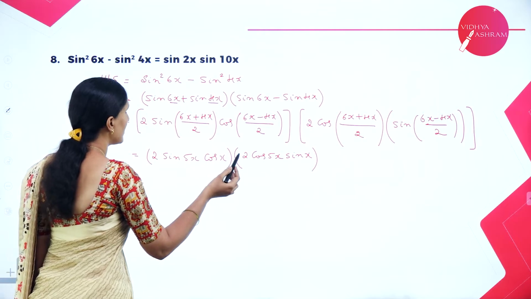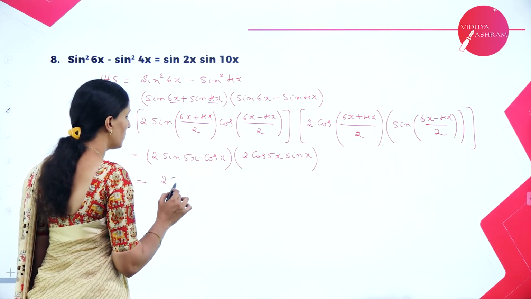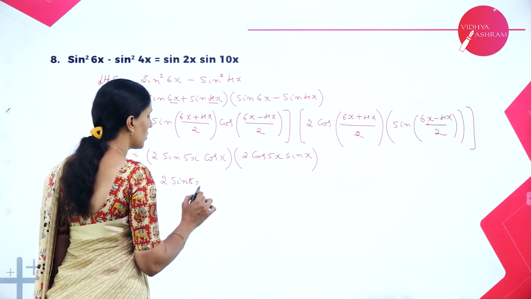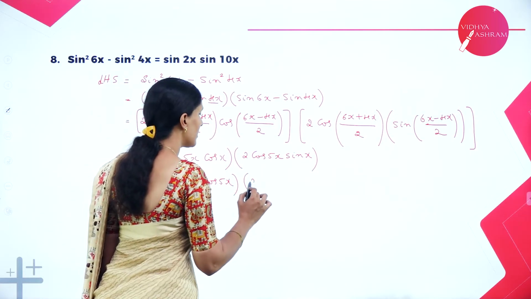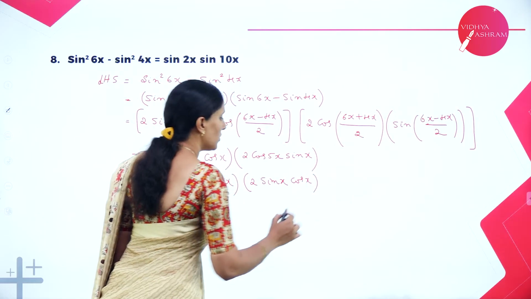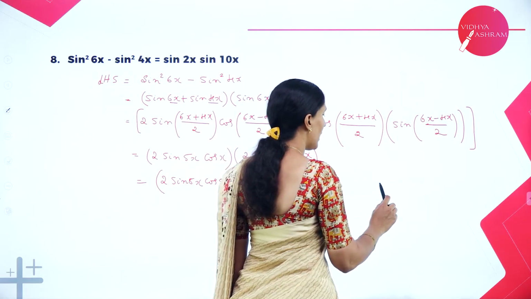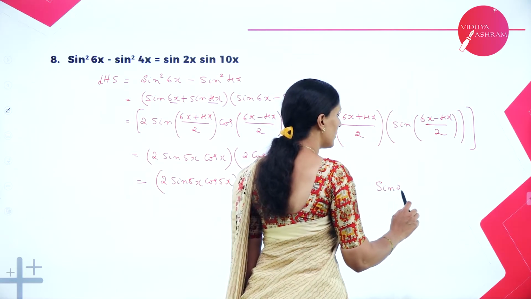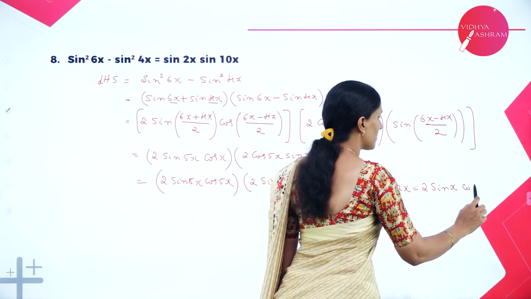Rearranging the terms, I can write this as 2 sin 5x cos 5x, and here I will write it as 2 sin x cos x. So using the multiple angle formula of sin 2x, we know that sin 2x is nothing but 2 sin x cos x.